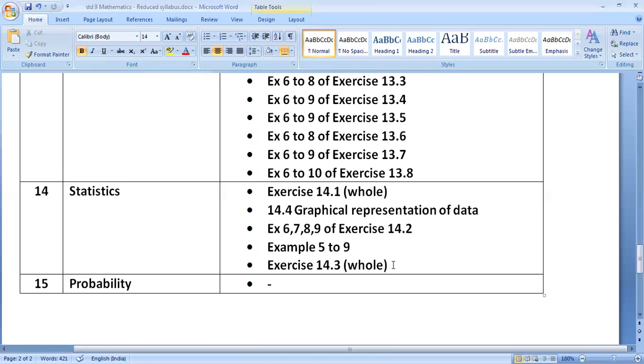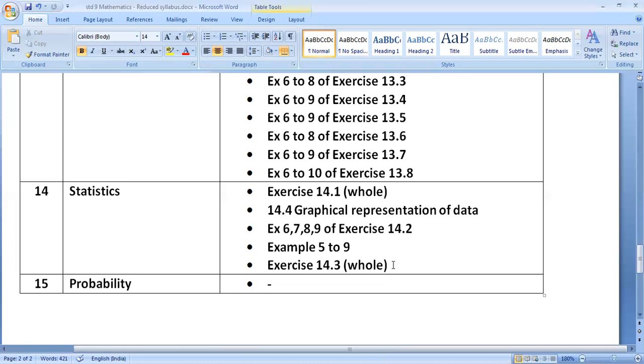Page 262, example 10 is included. 263, example 11 is included. Page 266, example 12 is included. Page 267, examples 13 and 14 are also included. Page 268, example 15 is also included.